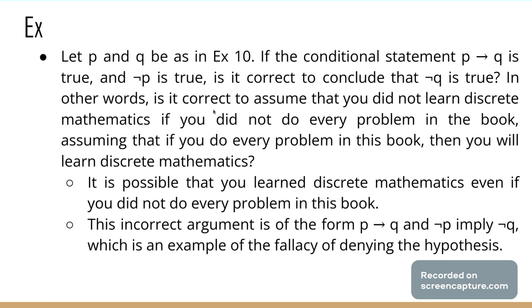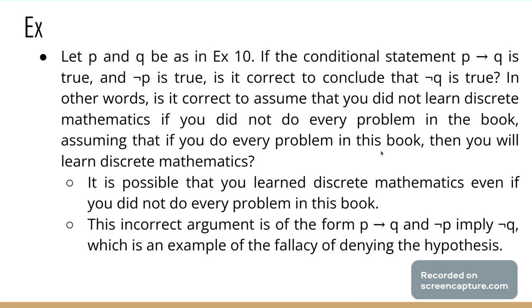In other words, is it correct to assume that you did not learn discrete mathematics if you did not do every problem in the book? Okay, and we are making the first premise that if you do every problem in the book, you have learned discrete mathematics. Even though these individual statements are true, it is not a valid argument form.